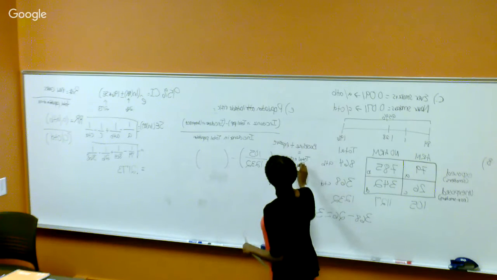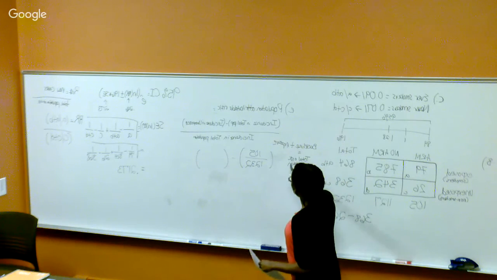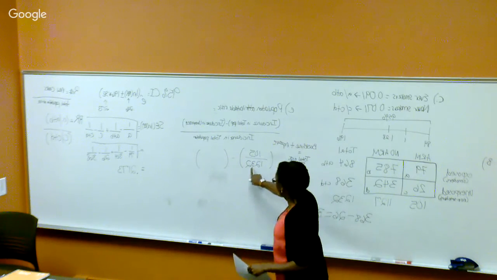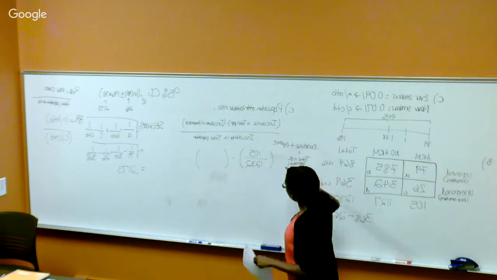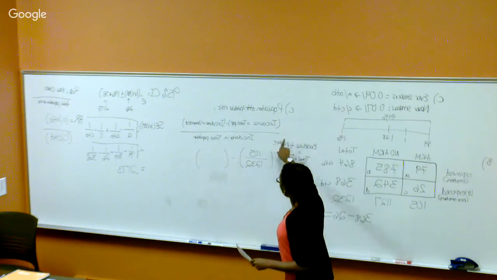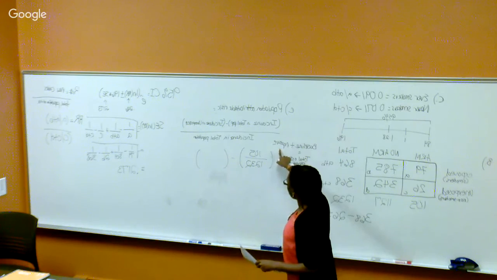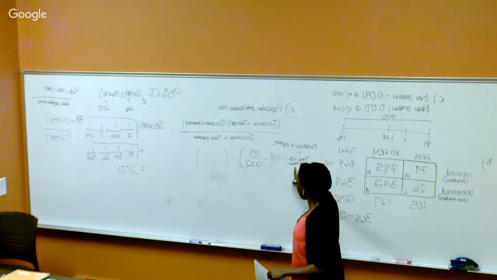So just conceptually, this is how we're thinking about this. If you've got this total risk in the population, and then you're subtracting the baseline, which is your unexposed amount of risk, that just leaves you with the risk due to whatever your exposure was. And so that's why you're subtracting the unexposed from the total risk in population.